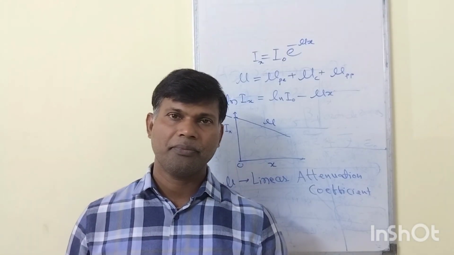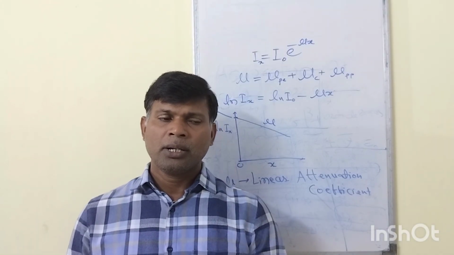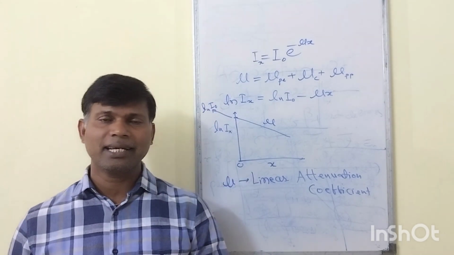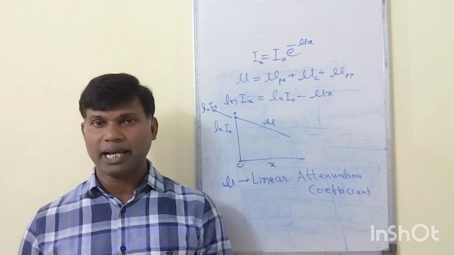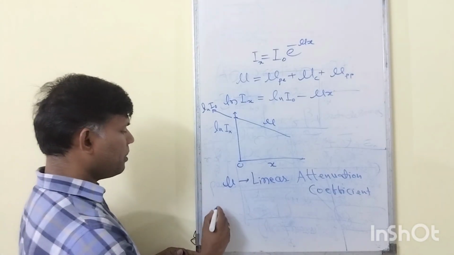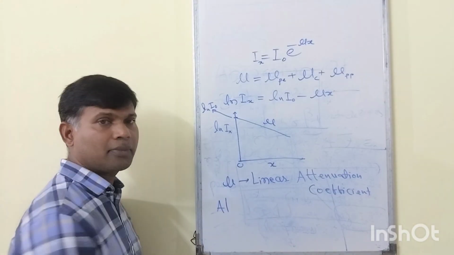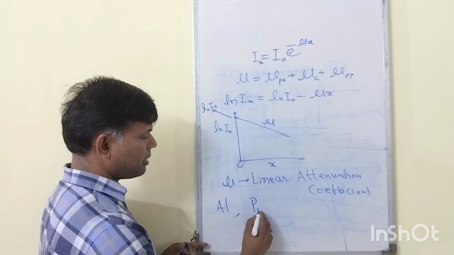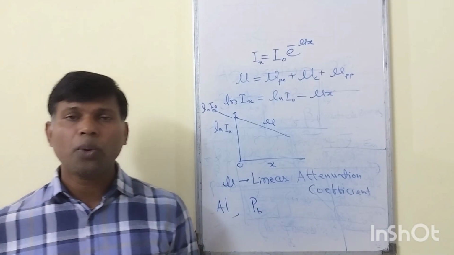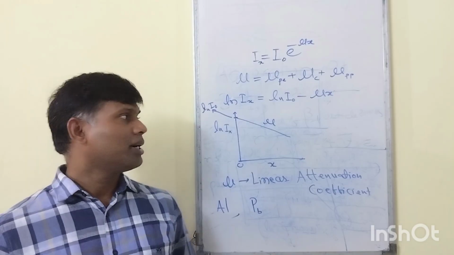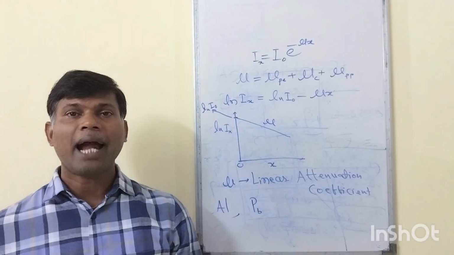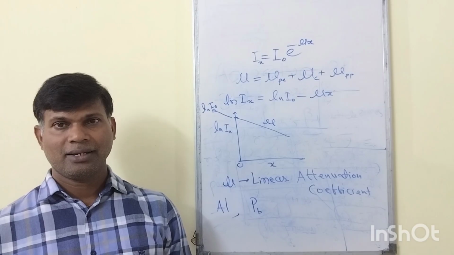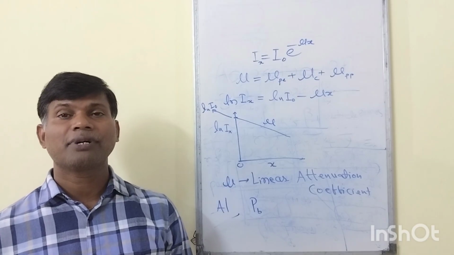media. Now we will discuss a case study. We will take two different materials: one is aluminium, another one is lead. For these two materials, how is the linear attenuation coefficient changed with the energy of gamma ray?